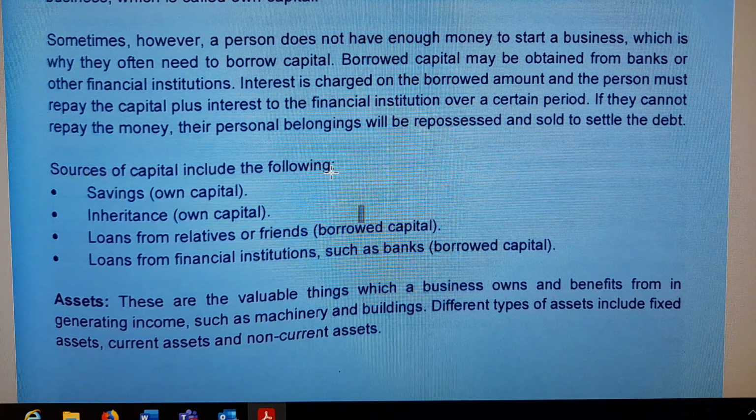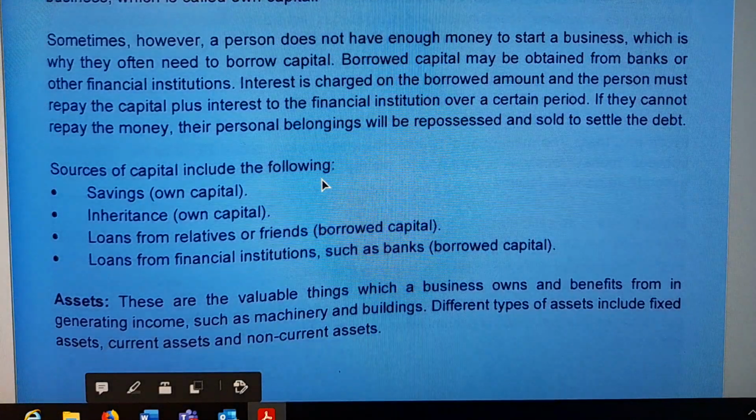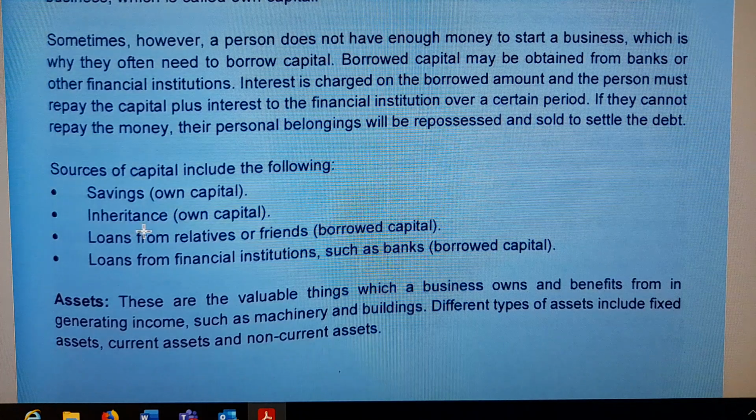So sources of capital are savings. Okay, so savings is one source of capital. Inheritance, if your parents or your grandparents left you some money when they died, at least you have a capital. And you can get capital loans from relatives, which is borrowed capital, and loans from financial institutions like banks, it's borrowed capital.